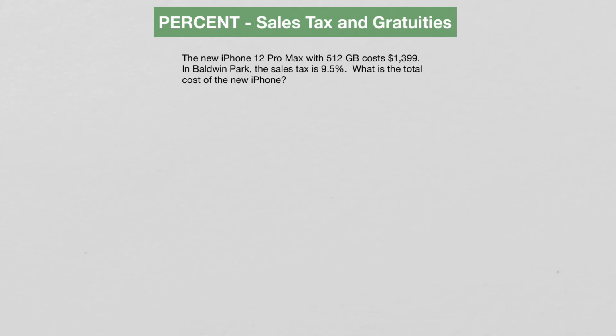So, to get our total cost, we're going to call it capital T for total cost, and that is going to equal $1,399, and we're still going to multiply, but this time we're going to multiply by 1.095. The reason it's 1.095 is that 1 to the left of the decimal represents 100%. So you're going to take 100% of the price of the phone plus a 9.5%, which is our tax rate.